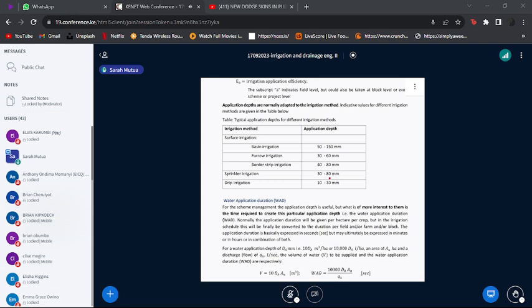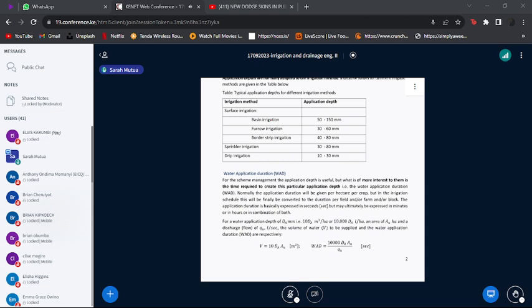Two, if you have a maize crop with a root zone depth of 1.5 meters, for example, imagine drip irrigation applying 10 to 30 millimeters. Of course, I'm just giving arbitrary values. So when selecting a method of application or a particular application depth, you have to think about the various irrigation methods and their typical values of water application.